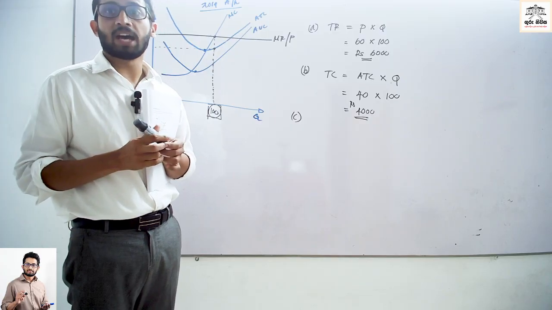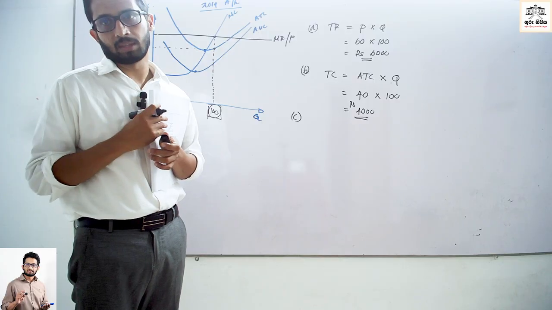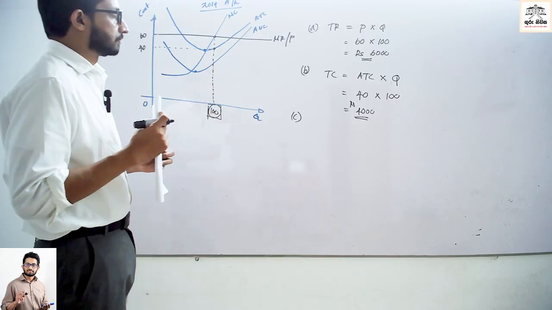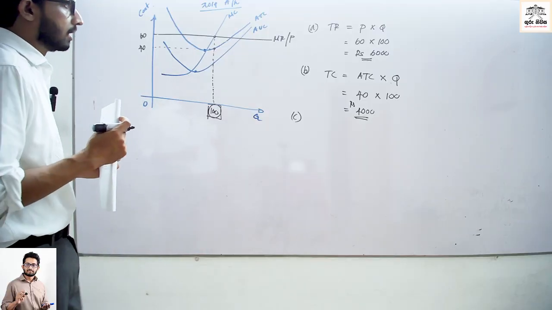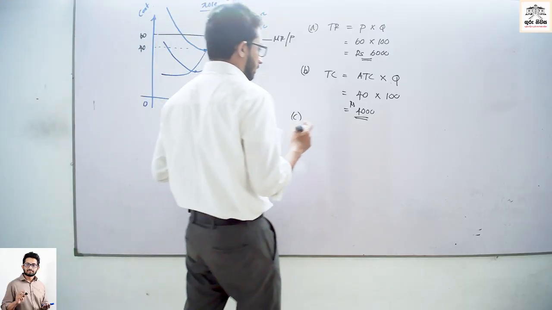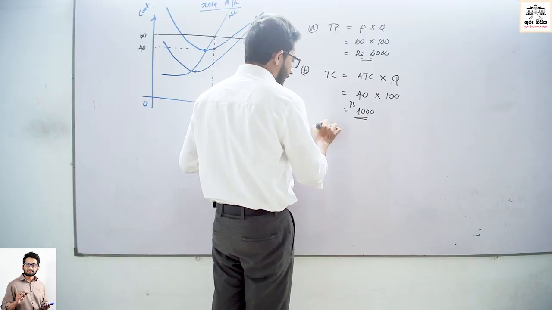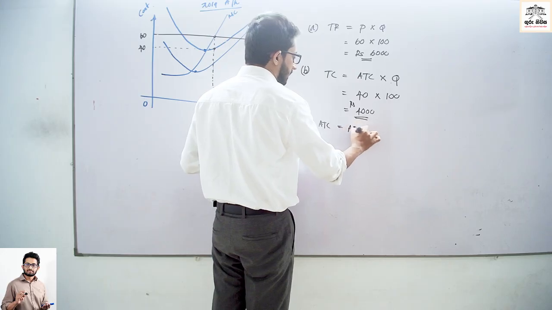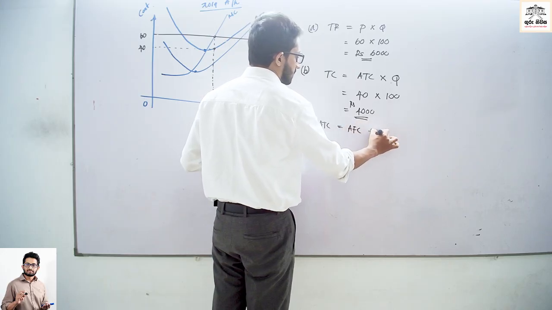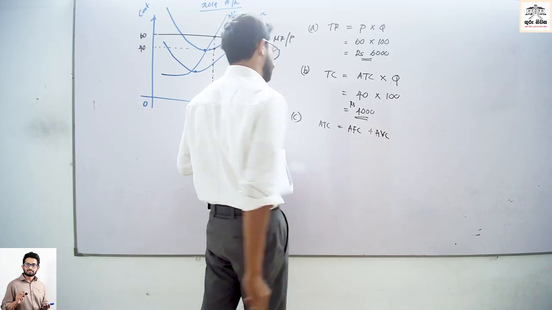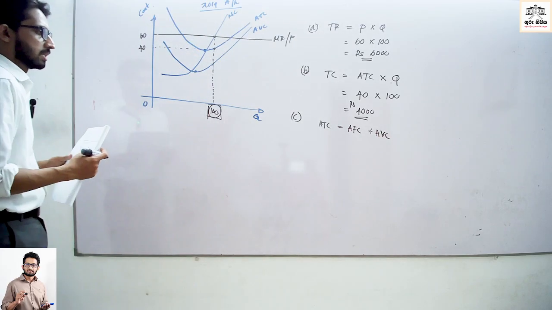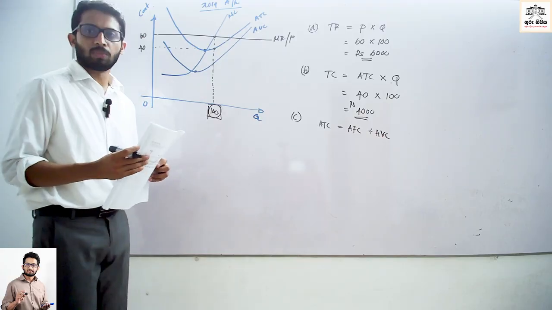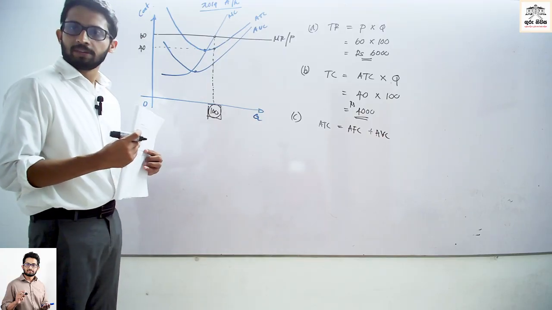Find the average fixed cost first. Here, Lamai, you know that ATC is the sum of AFC plus AVC, average variable cost.